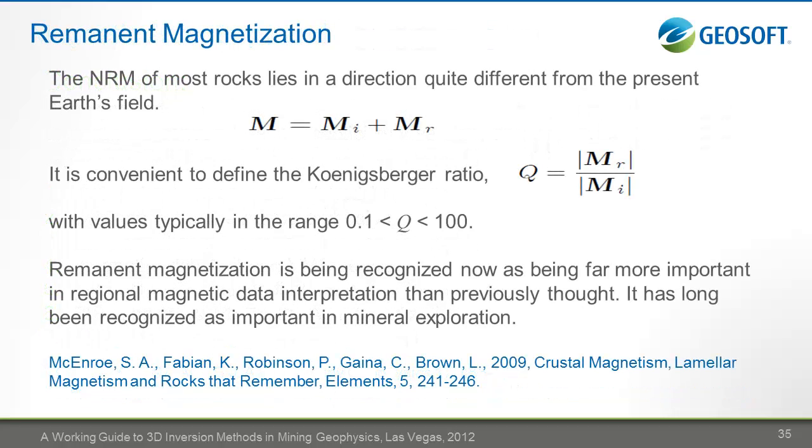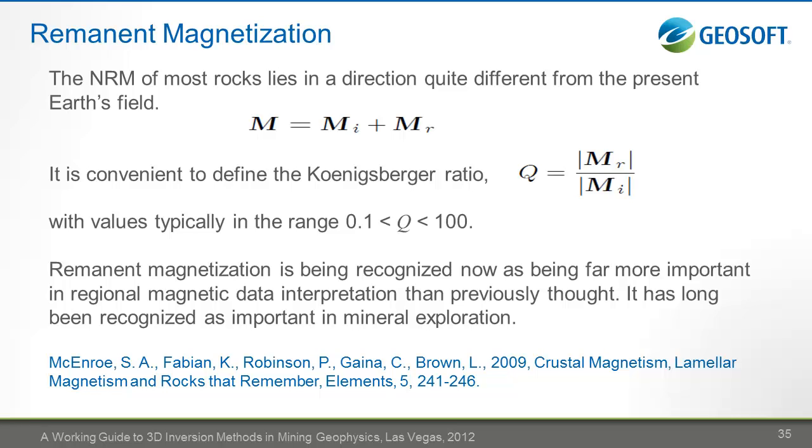Now, the next thing I want to talk about is remanent magnetization. The remanent magnetization in most rocks is going to be quite different from the present Earth field direction. So it's clearly a violation of the susceptibility approximation, and what we do in geophysics is usually or often describe the remanent magnetization in terms of a Königsberger ratio.